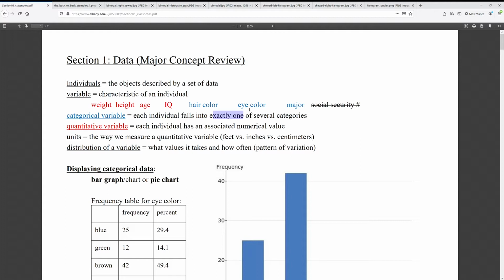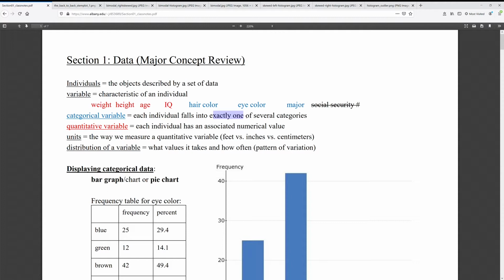If we add up the number of people in the blue-eyed category, the green-eyed category, the brown-eyed category, and the other category, then it has to add up to how many we started with, not more, not less. For example, something like, what kind of movie do you like? would not be an example of a categorical variable, because you could like more than one kind of movie.